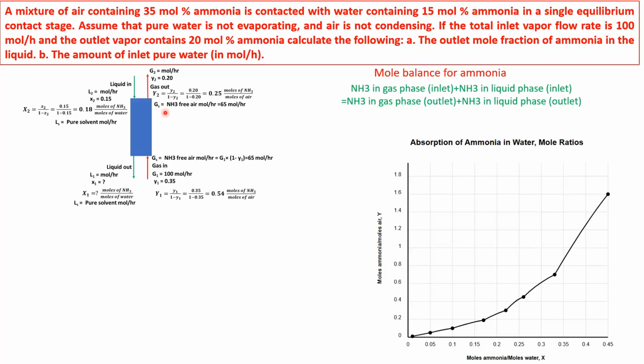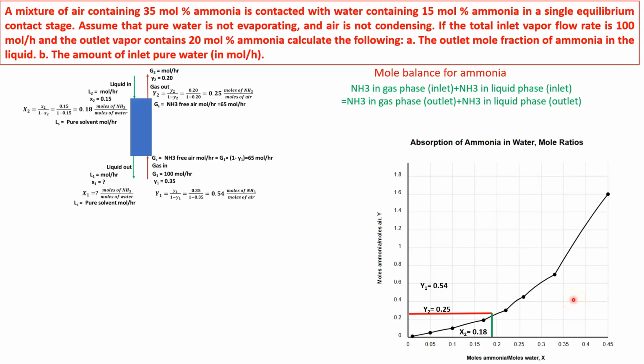So now, at X2, Y2 we know. First we have to do the mole balance of ammonia: NH3 in the gas phase inlet, NH3 in the liquid phase inlet, NH3 in the gas phase outlet, NH3 in the liquid phase outlet. First we have to plot that. Y2 is 0.25 and X2 is 0.18, that is one point.